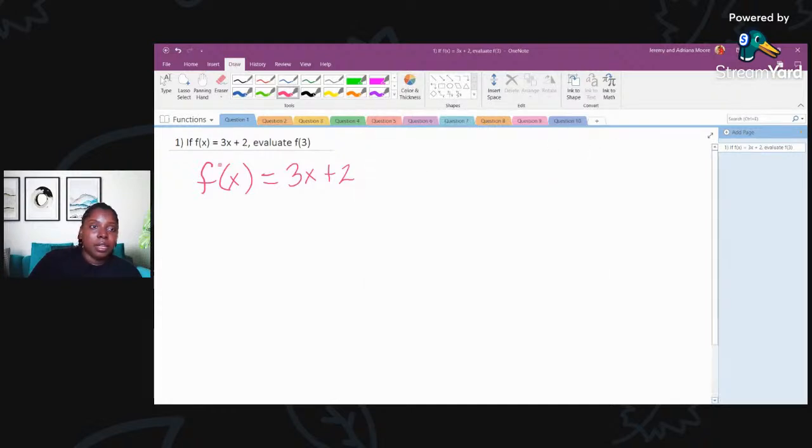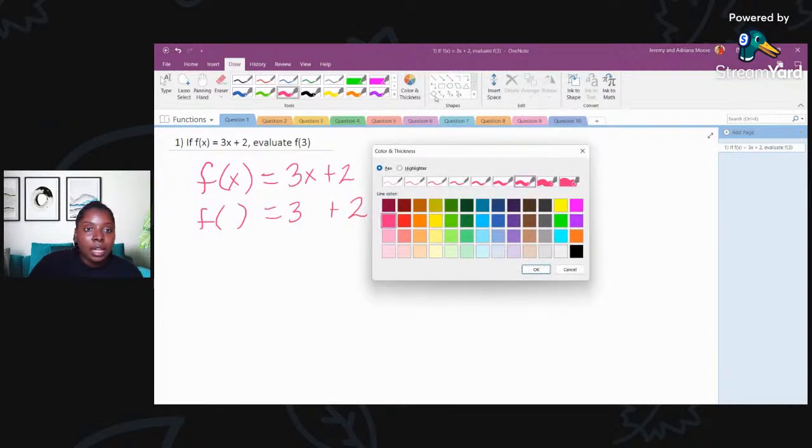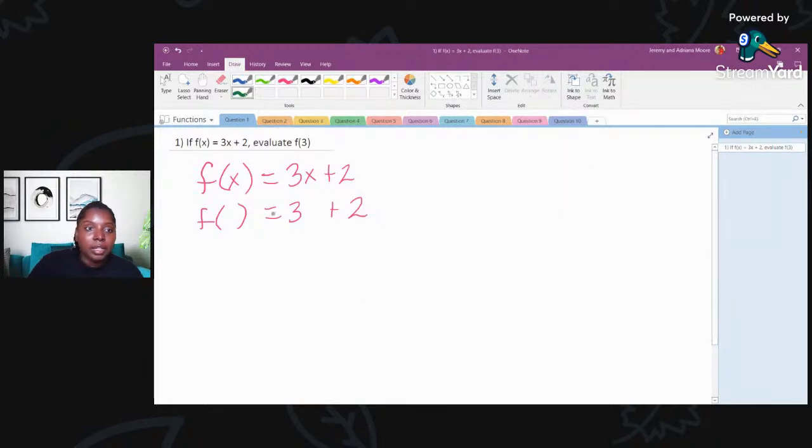Anytime we see x, we're going to replace it with 3. So when they say f of 3, anytime we see x, we're going to replace it with 3. Okay? So f of x. So we have 3x, and 3x is really 3 times x because side by side we multiply.